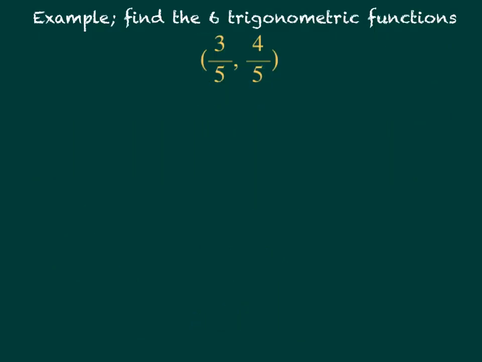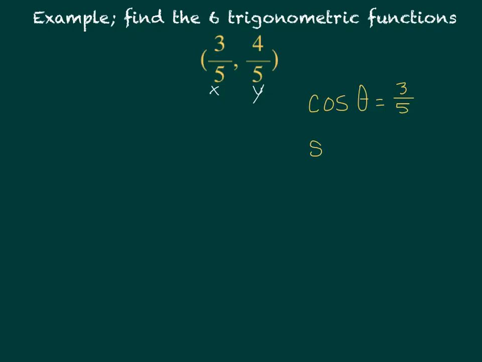So let's do an example here. We have 3/5, 4/5. So we know that our x is cosine and our y is sine. So I can go ahead and start by writing cosine of theta equals 3/5.